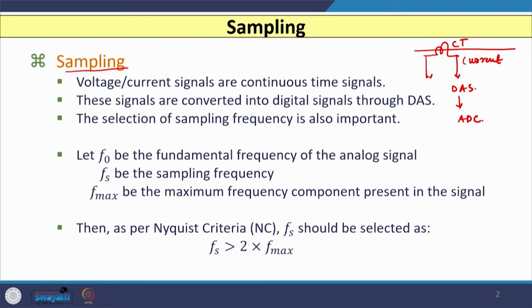The function of the analog to digital converter block is to convert analog signals acquired through CT secondary and PT secondary or CVT secondary into digital form.